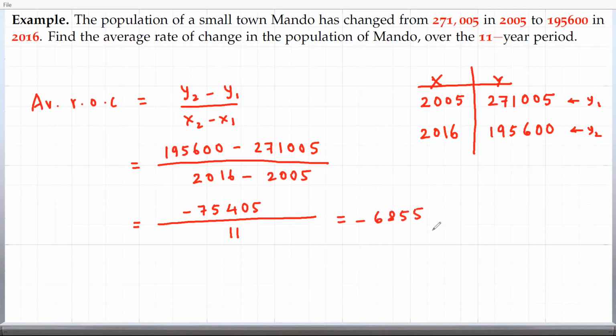So this is the rate of change in the population of Mandu over this 11-year period. And here, one thing to note is we get negative value. Rate of change is negative, means it's a decrease, it's a decline. So this negative means the population is decreasing.